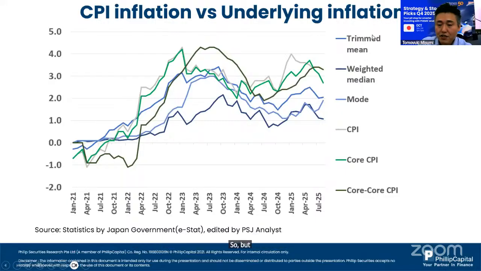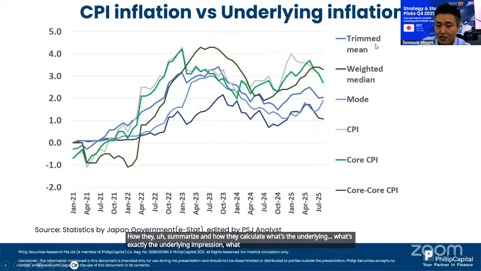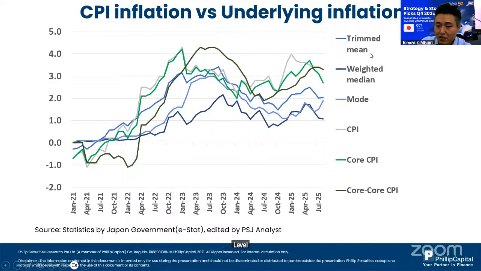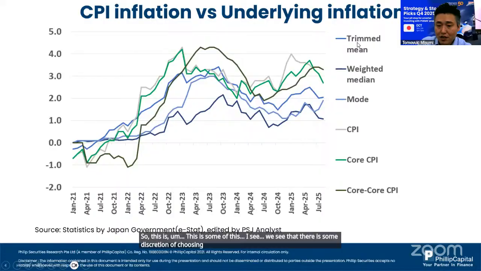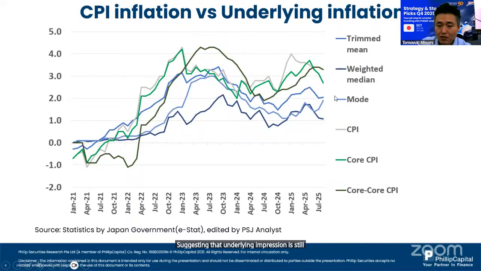But they do not disclose the criteria for choosing this, how they summarize it, and how they calculate what the underlying inflation, the underlying price level, actually is by utilizing this combination of three indices. So we see there is some discretion in choosing these three indices when judging whether underlying inflation is still below or above 2%.